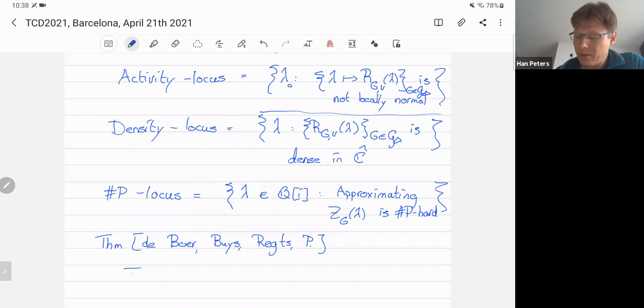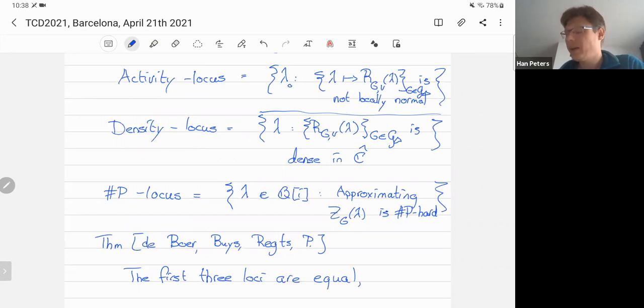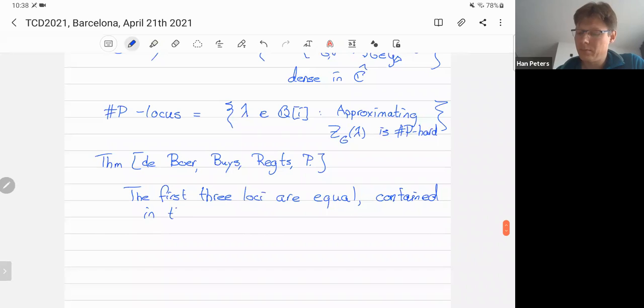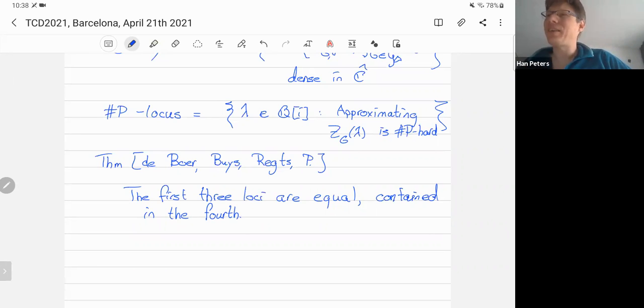And the first 3 loci are equal, and they are contained in the 4th. We would like to say that they're all 4 equal, and we think they are, but we haven't proved this yet. And that may be a very difficult problem.